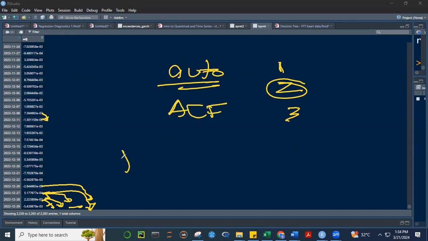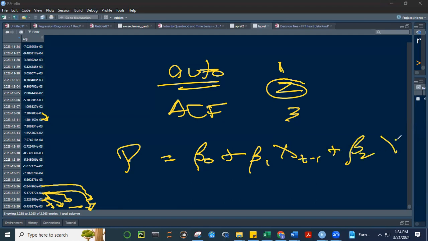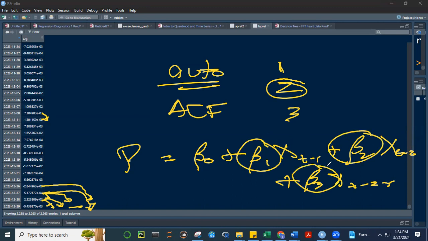Okay? As for the partial autocorrelation function, class, we do a regression, a linear regression of lag 1, lag 2, lag 3. So in other words, class, we have a function here: beta null plus beta 1 times x sub t minus 1 plus beta 2 times x sub t minus 2 plus beta 3 times x sub t minus 3, etc. The betas here, class, are the parameters that are generated, and of course this is x sub t.